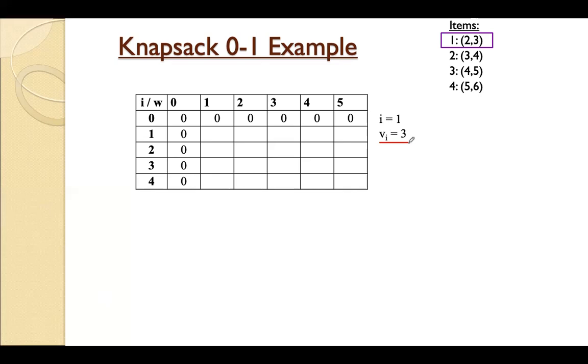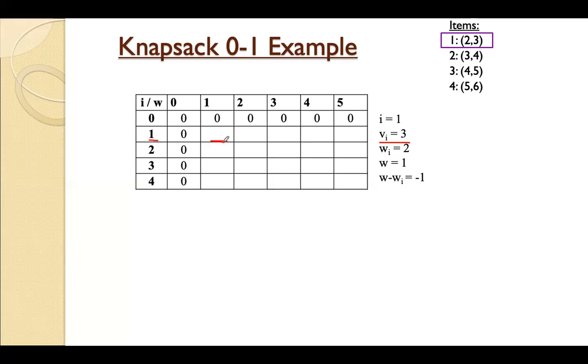Now the profit is 3 if you consider this first item, and Wi indicates the weight of that first item, which is 2. W is equal to 1 means we are trying to fill this position in the matrix.